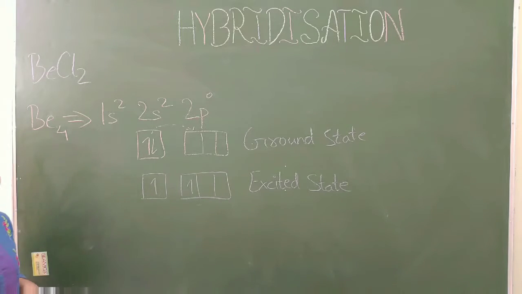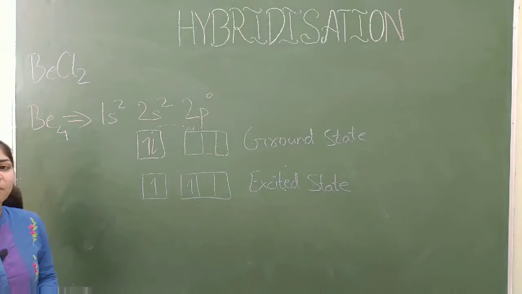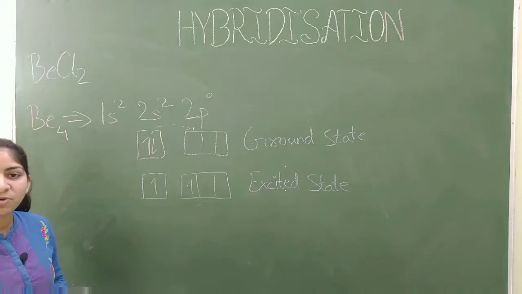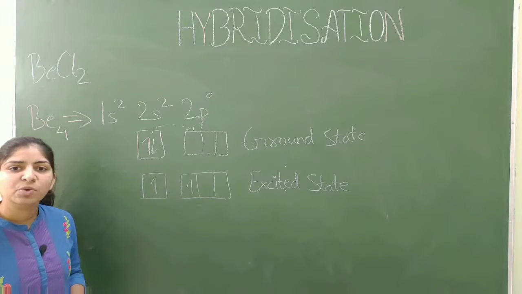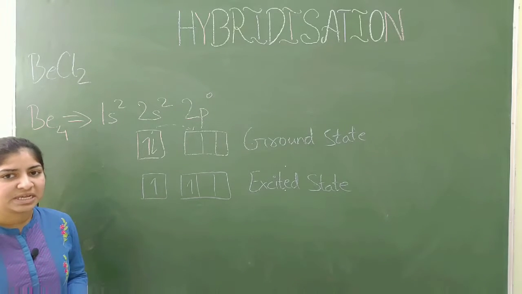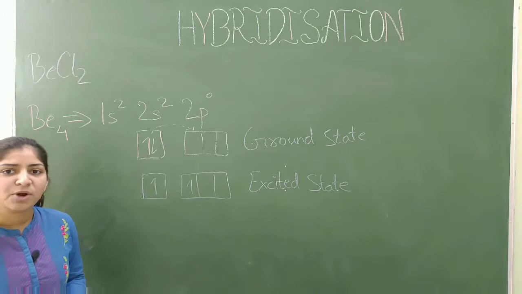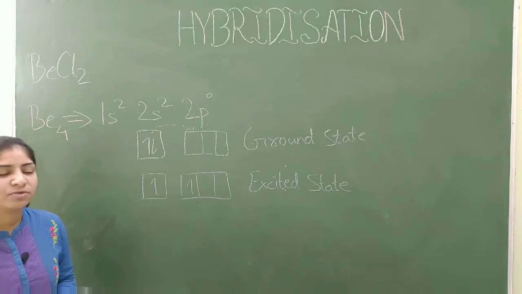Now let us discuss the hybridization of beryllium. As we know, atomic number of beryllium is 4 and electronic configuration is 1s2 2s2, and there are 0 electrons present in p orbital. There are 2 electrons present in the outermost shell, that is number of valence electrons of beryllium is 2.